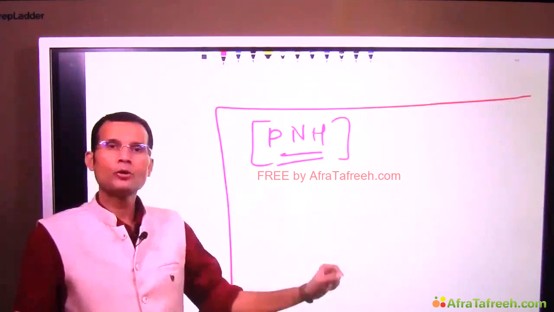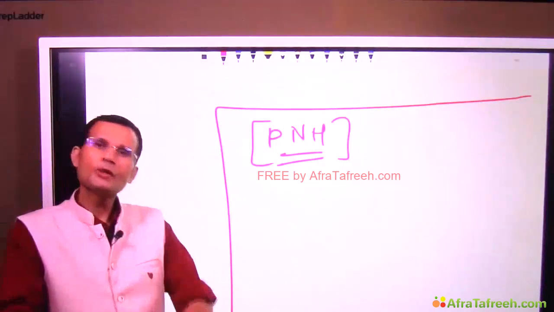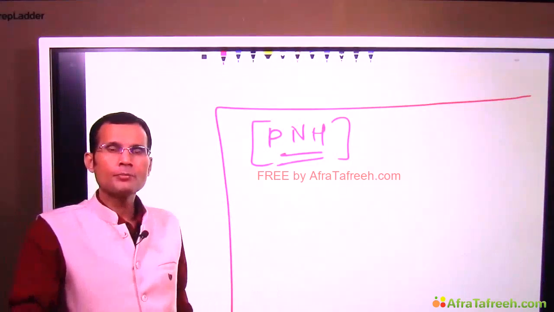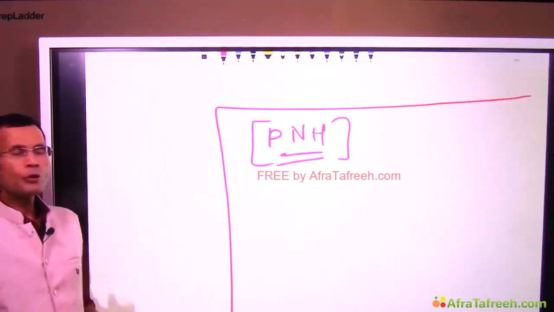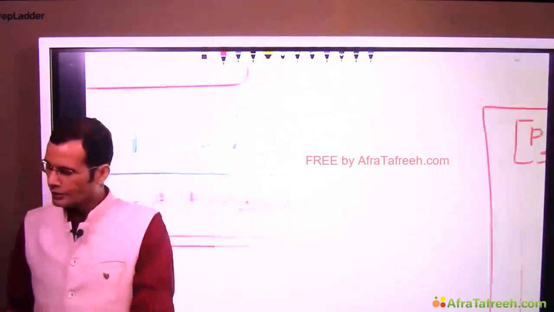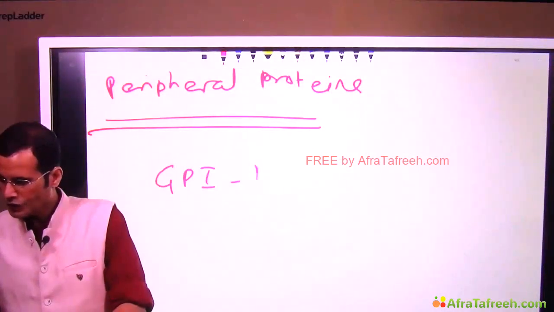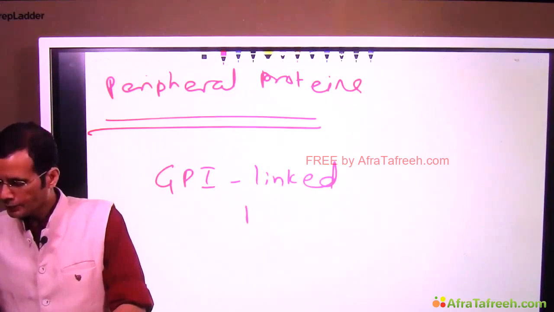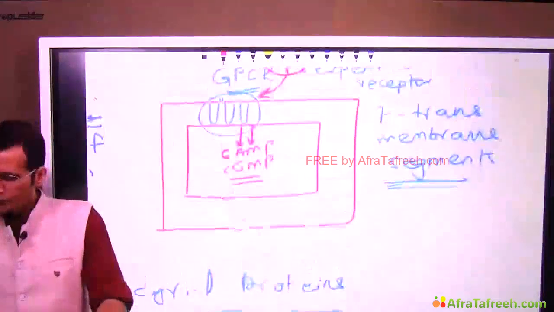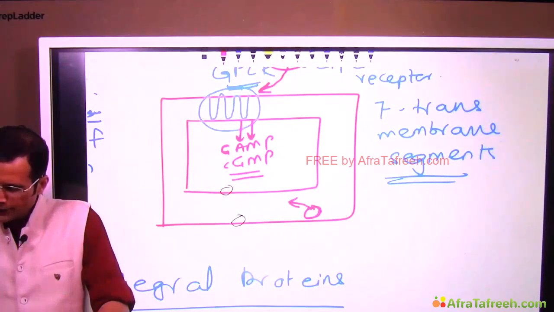Paroxysmal nocturnal hemoglobinuria. The MCQ was: paroxysmal nocturnal hemoglobinuria occurs from a defect of which type of membrane protein? The options are integral protein, peripheral protein, GPI linked protein, or integrins. The answer is the special category, the GPI linked proteins. There are certain proteins in the membrane which are anchored to the membrane by GPI linkages.